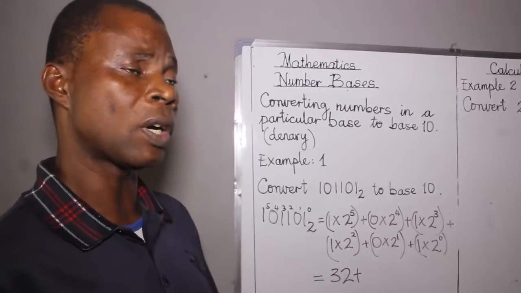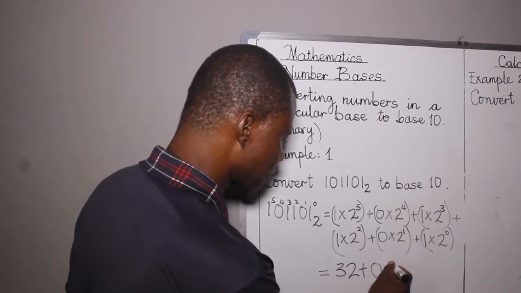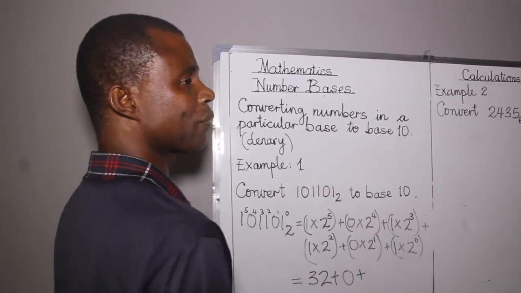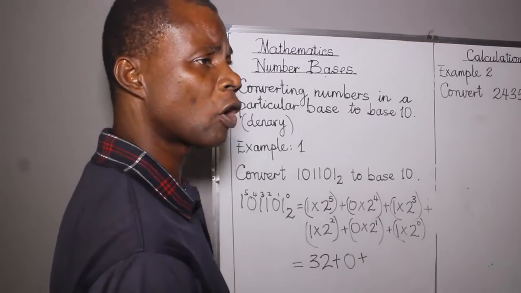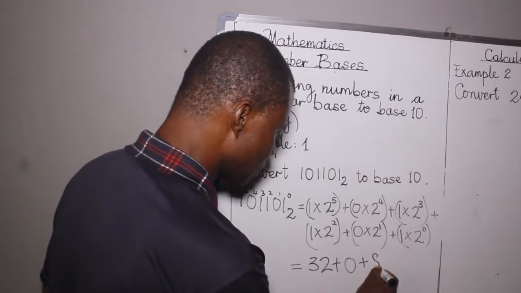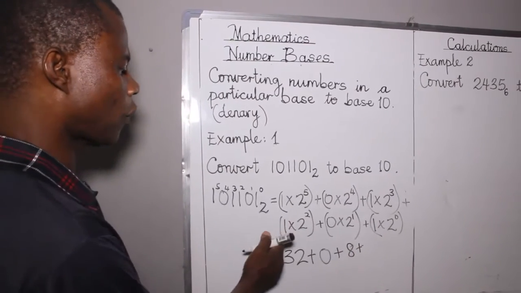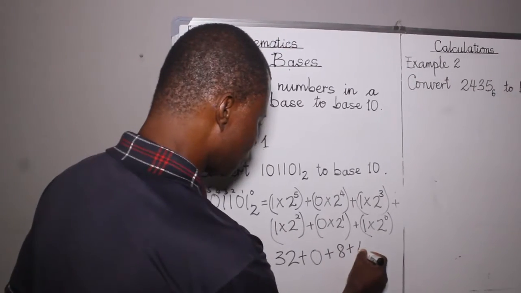Then we have plus 0 times 2 to the power 4. 16 times 0 boils down to 0. 2 to the power 3 is equal to 2 times 2, 4. 4 times 2 is equal to 8. 8 times 1 is 8. We come to this, 2 times 2, 4. 4 times 1, 4.